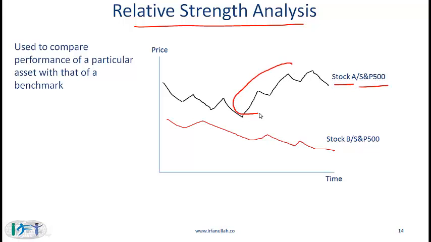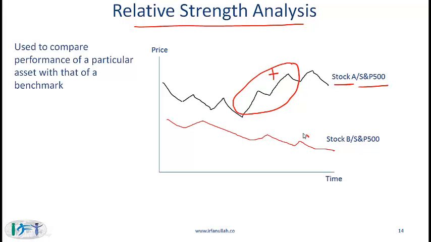You can see that during this region, stock A is going up more than the S&P 500. Or if we have the stocks going down, it is possible that stock A is going down less than the S&P 500. So the relative strength of stock A compared to the S&P 500 is strong or positive.